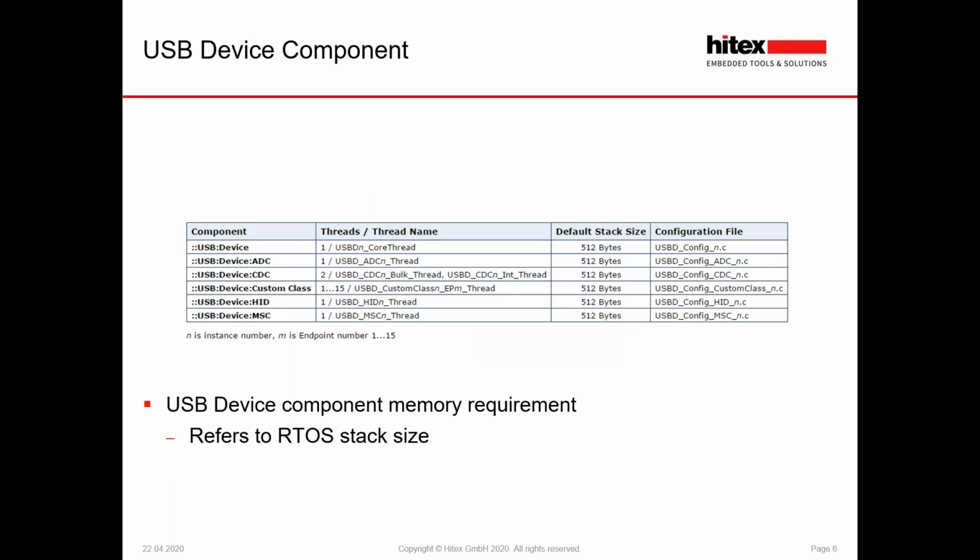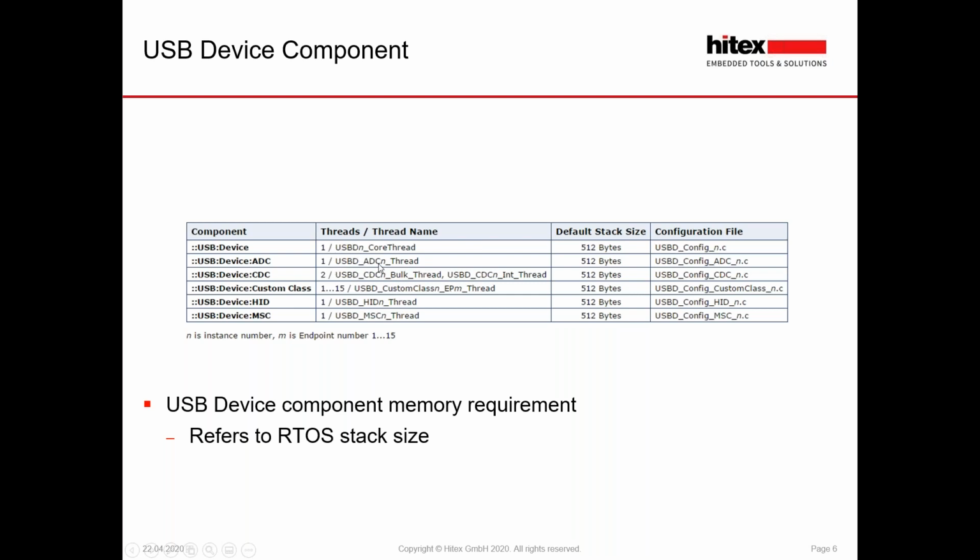Again, like the network component, when we start the USB component, it will create a number of threads. There's a core device thread which runs the USB stack, and then depending on the device or class support that we're adding, additional threads will be created.